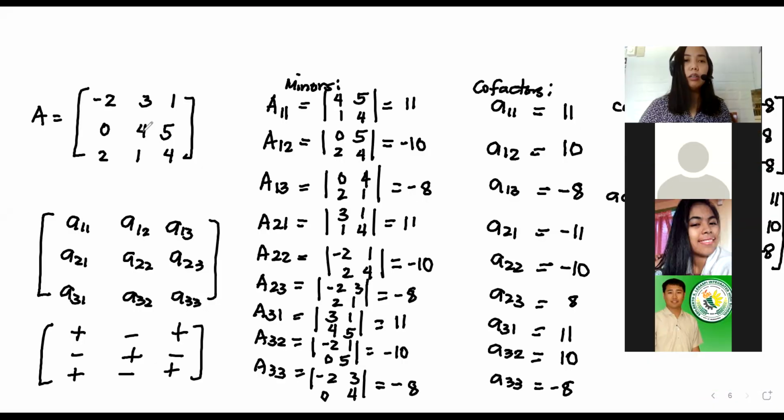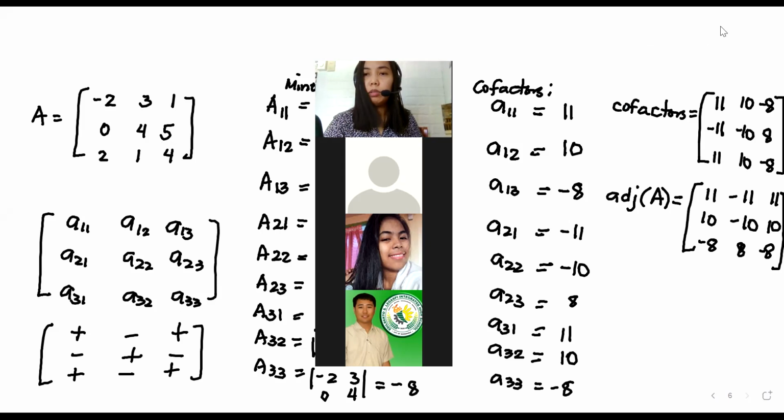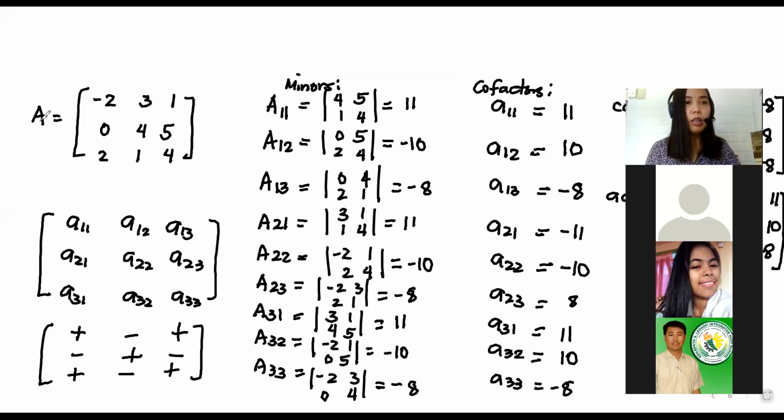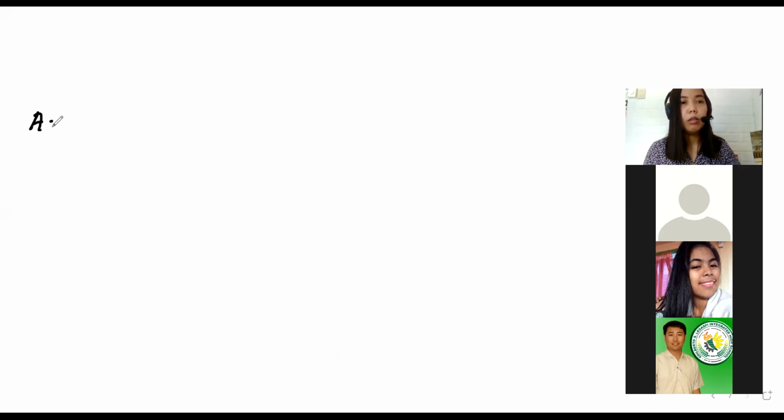Ano muna ang determinant nito? Okay, so let's continue. Let's find the determinant of A. Baka naman 0.